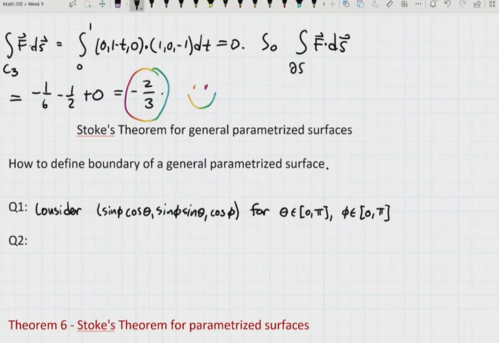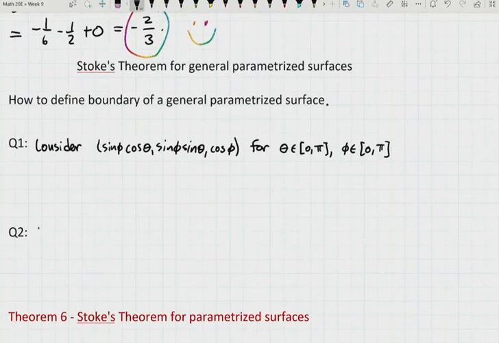What should the boundary of this shape be? And second, I'll ask you to consider something very similar.